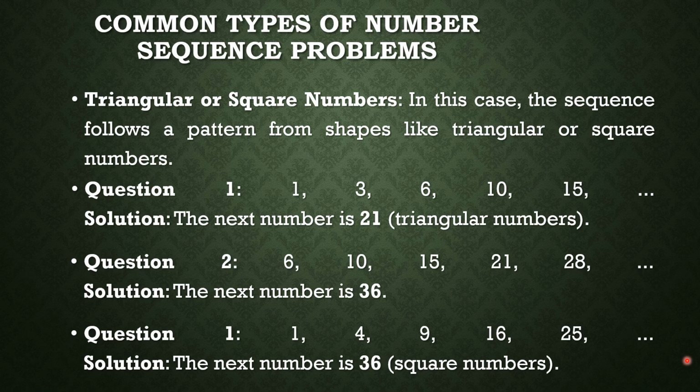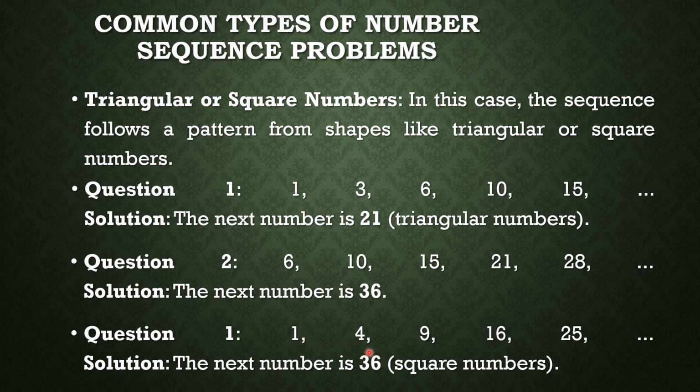The third example: between 1 and 4 there is a difference of 3, between 4 and 9 there is a difference of 5, between 9 and 16 there is a difference of 7. So it doesn't make any sense. Let's go back and see if there is a different pattern.